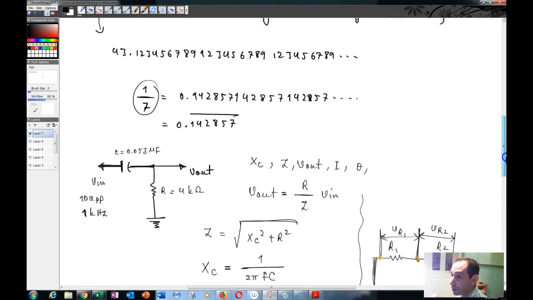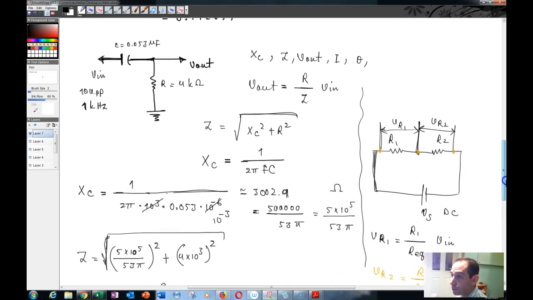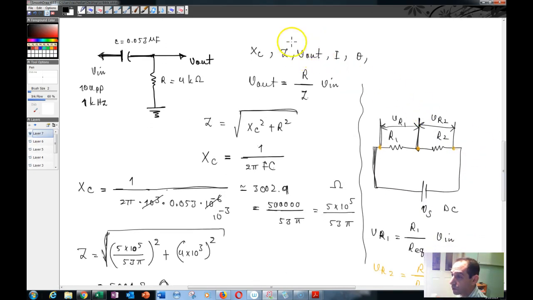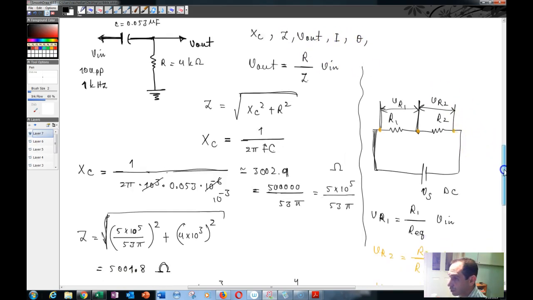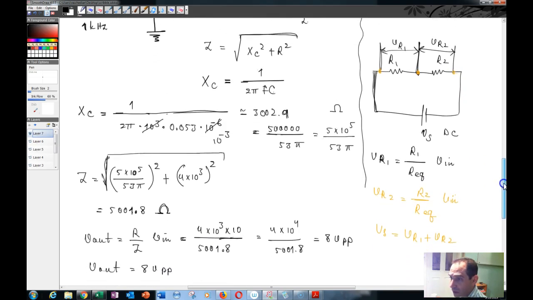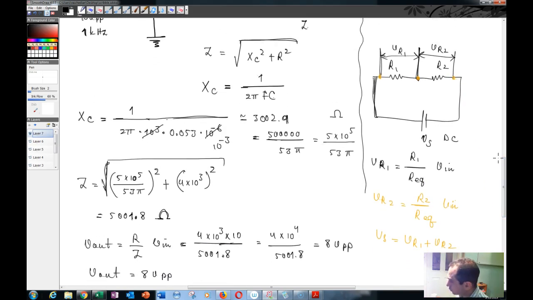Now, so you have your V of out, you have your I, you have your theta. I'm sorry, I we have to calculate still. So it's always a good idea to keep track. Of course, I'm doing this on a computer, but it's better to write on a piece of paper.